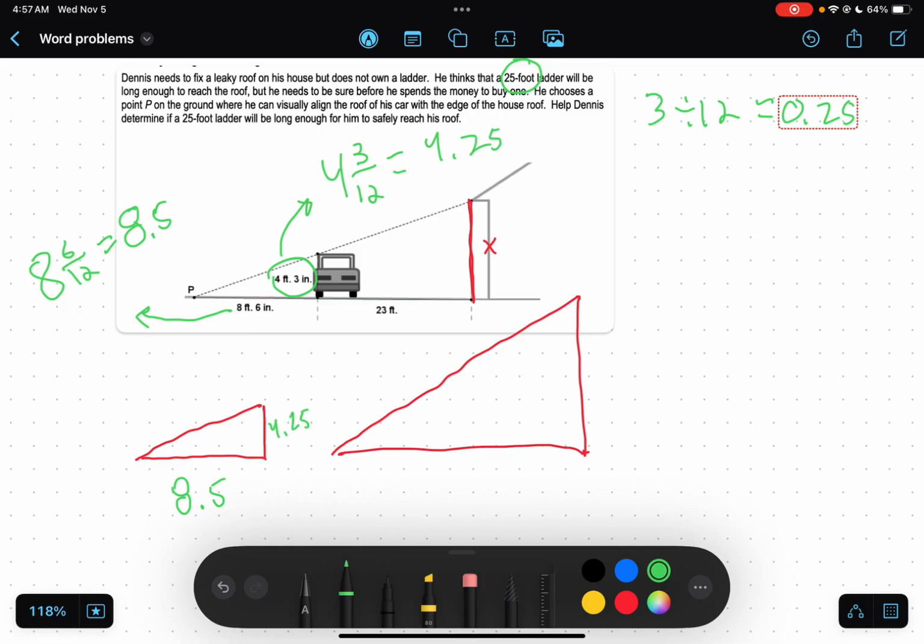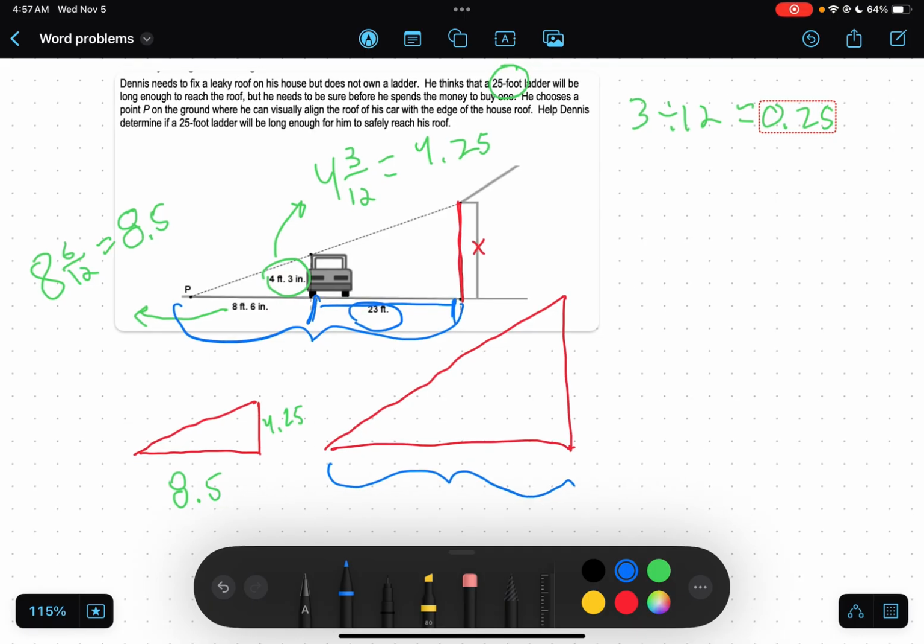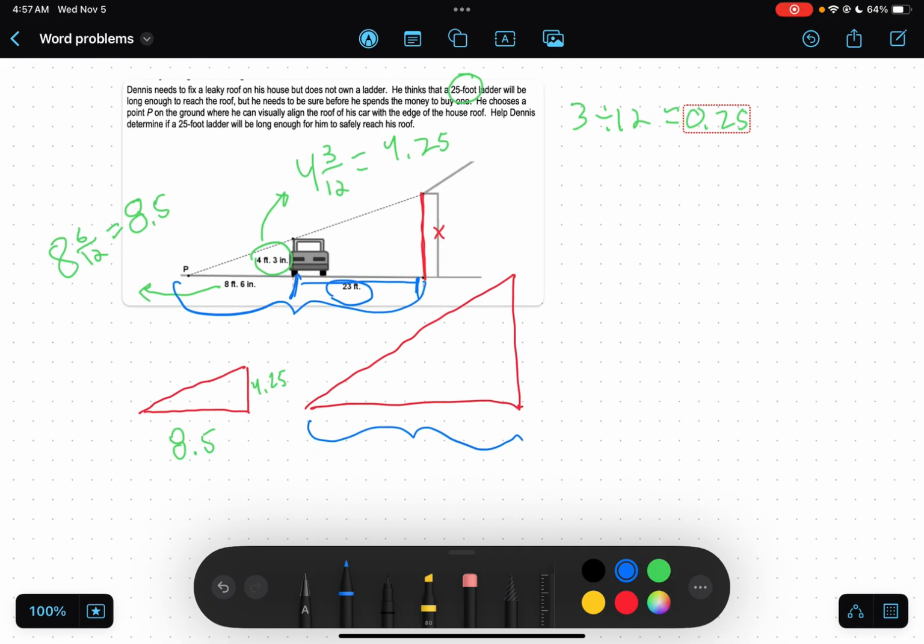Now my second triangle, you might say to yourself, oh, 23 goes down here. No, 23 does not go down there because 23 is just this distance. So to find this total distance, you have to add all of that together. So this side is going to be 23 plus 8.5.